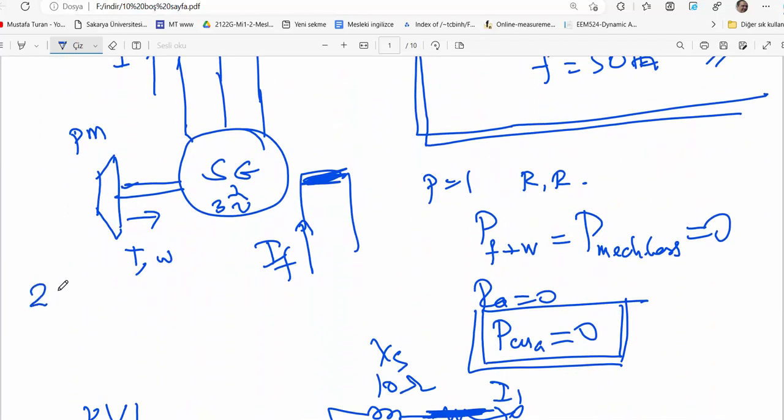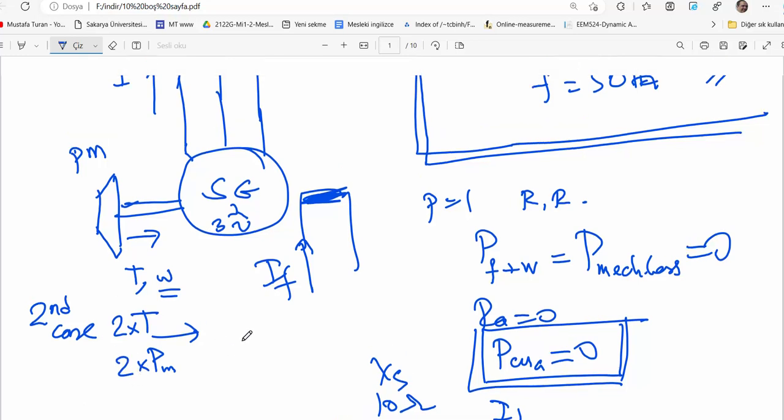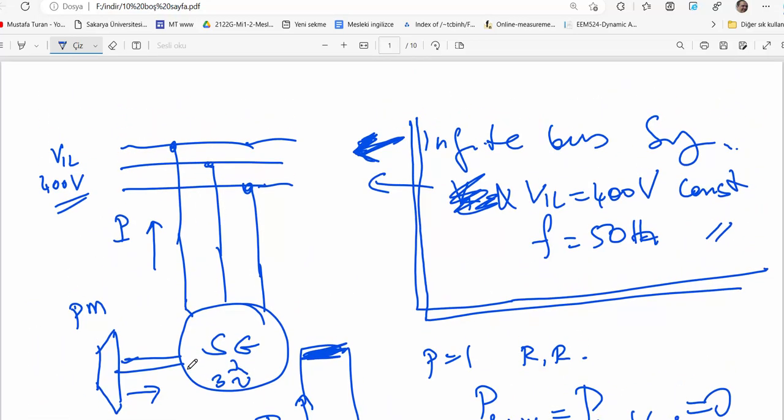In the second case, torque input is doubled. So, since speed is constant, mechanical input power is doubled. There are no mechanical losses and copper losses, so output power is possibly doubled.